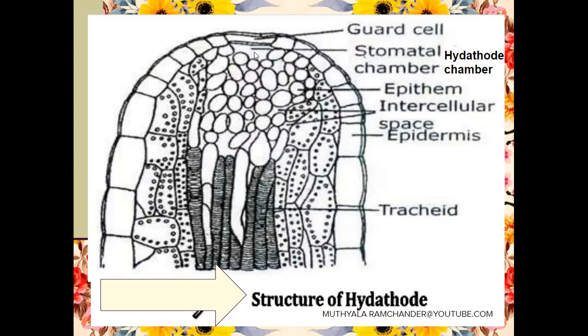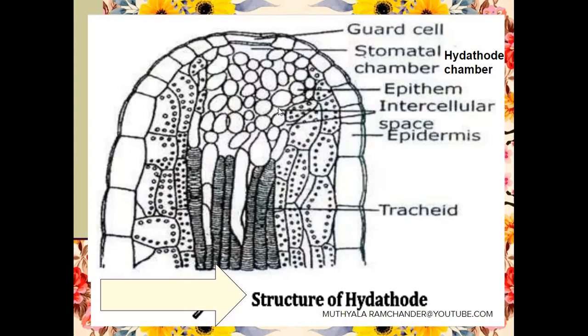Below this cavity, or below the hydathode chamber, loosely arranged cells are present. Loosely arranged cells maintain intercellular spaces. Intercellular spaces mean the empty space present between two or three cells.